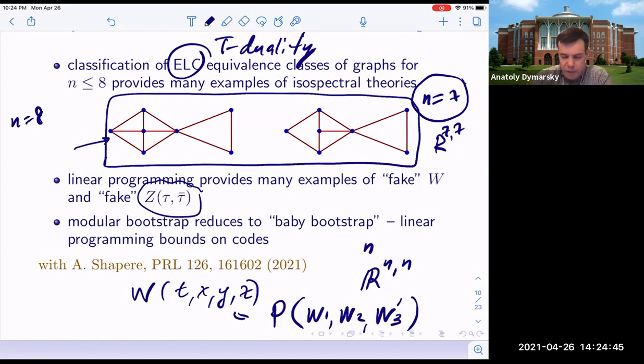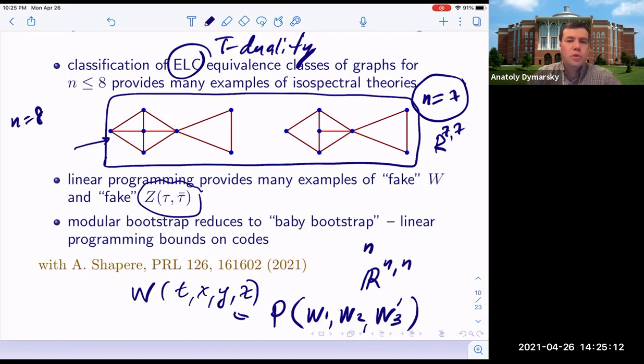And the conceptual takeaway here is that you have this problem of a model, which you try to solve in the space of all CFTs, or perhaps you can try to solve it in the space of Narain CFTs. And usually what you try to do is to find consistent solutions, or find consistent solutions which optimize the spectral gap or something like that. And of course, this is difficult to do.